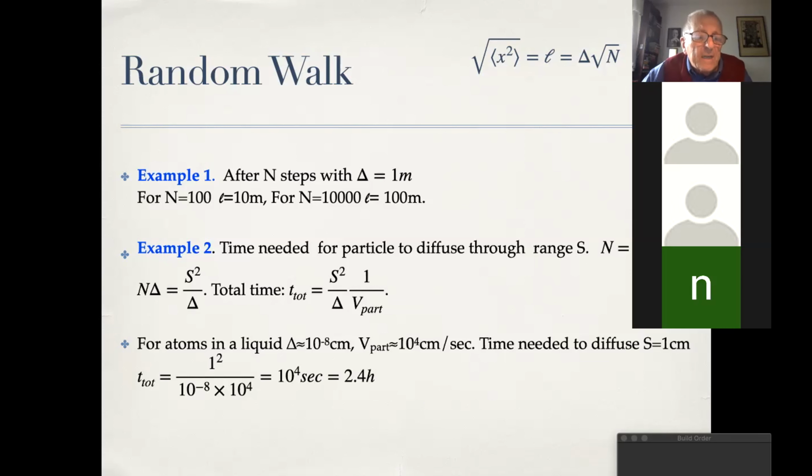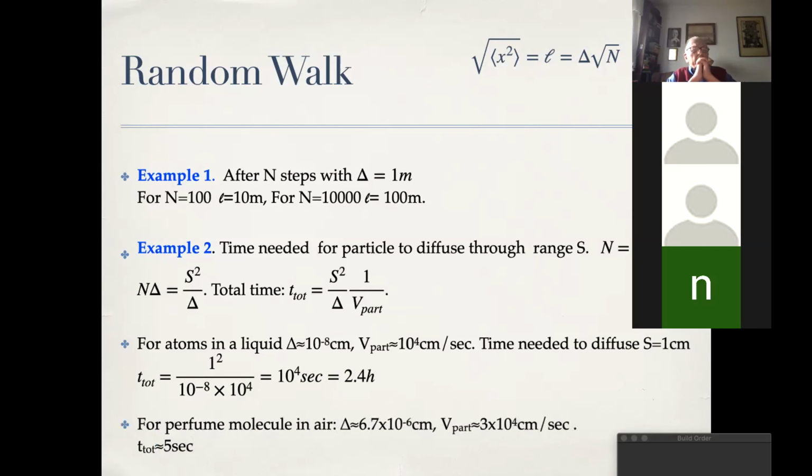So let's do another calculation. For a perfume in air, the perfume particles are much heavier, so delta for them is of the order of 6.7 times 10 to the minus 6 of a centimeter. And they move roughly with the same velocity, 3.4 times 10 to the 4th centimeters a second.